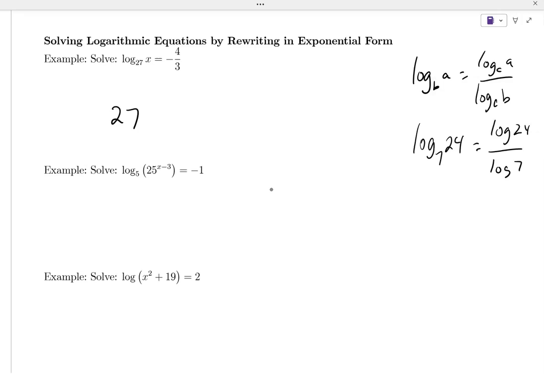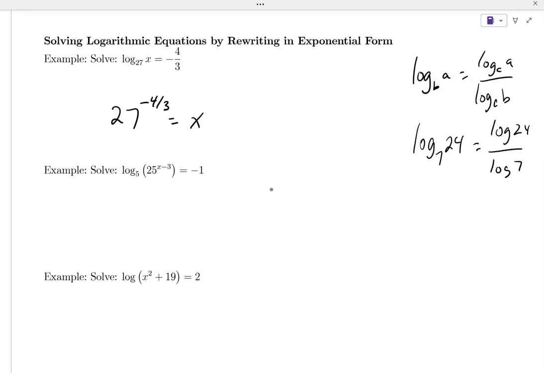The negative 4/3 will be your exponent, and that'll be equal to the x. Good. Yeah, that's the output. Remember, they're inverses of each other, so you're flip-flopping where the inputs and outputs go. The other way to think about it again is just when it boils down to it, logarithms are what? Exponents, right? So the answer for a logarithm is an exponent to something. It's the exponent on the base.